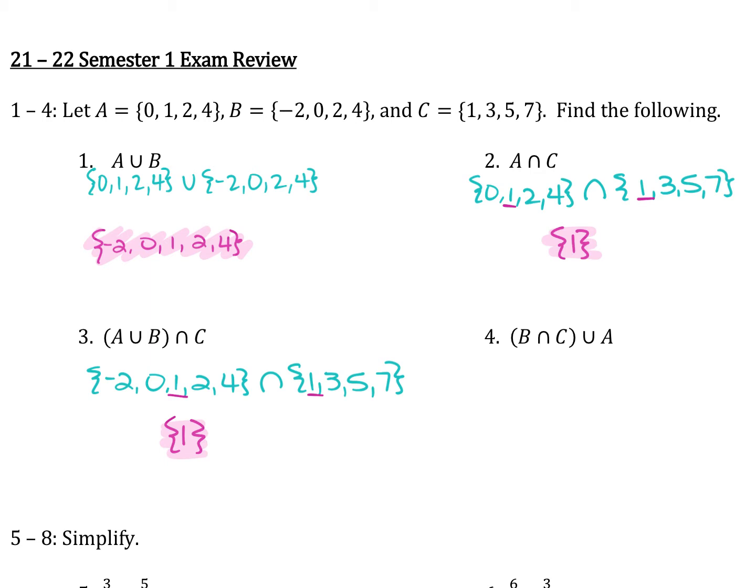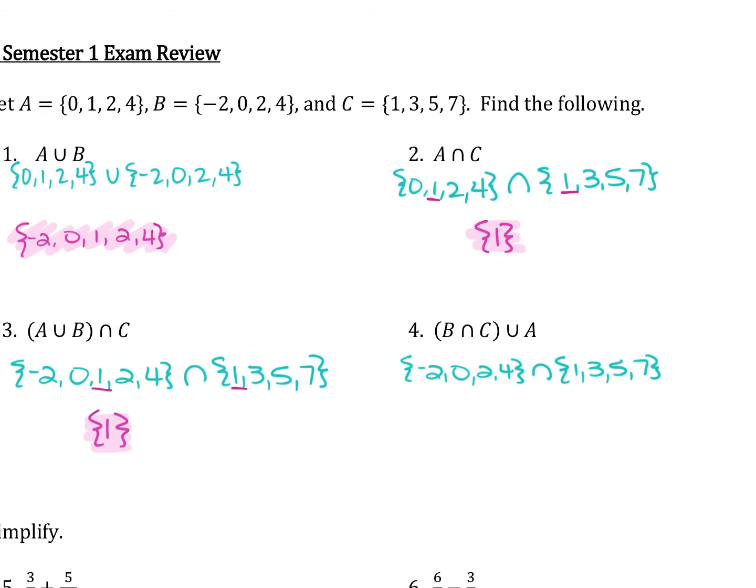For number 4, you have B intersection C with a union of A. Well, B is the set of numbers -2, 0, 2, and 4. With C, we have the set of numbers 1, 3, 5, and 7. So if we want to work with this first, this is just the B intersection C. So the ones that are the same between both of these is none.